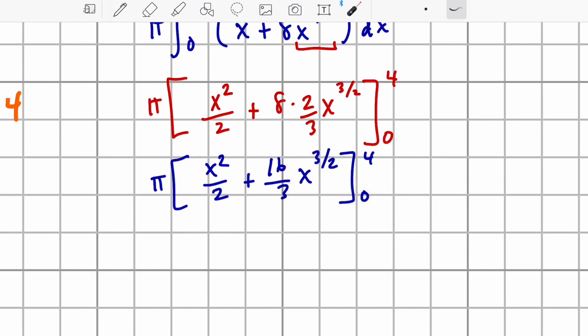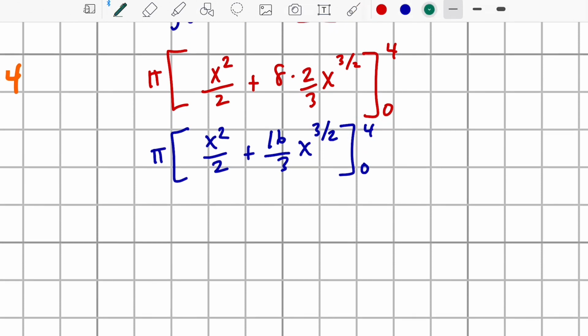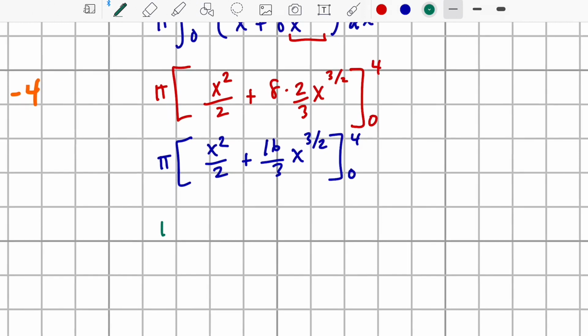If I plug in the 0 here, it's going to give me 0. So I'm just going to ignore it and just plug in the 4 and not worry about the 0 for this situation. So then it'll be pi, plug in the 4, that's going to be 4 squared over 2 plus 16 over 3 times 4 raised to the 3/2 power.